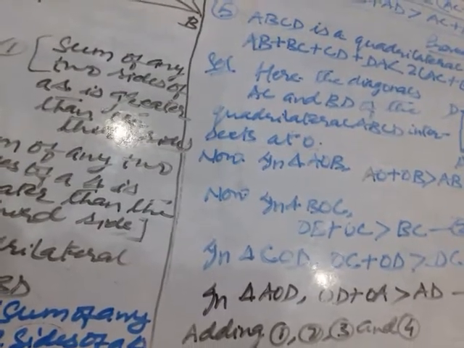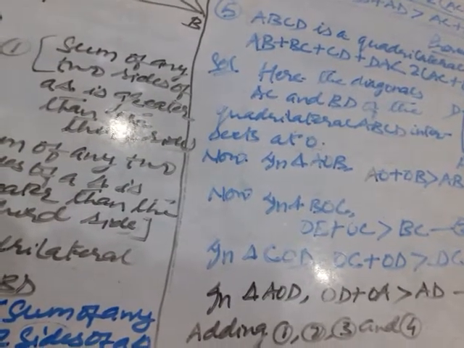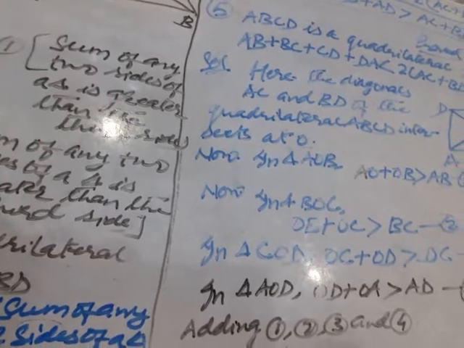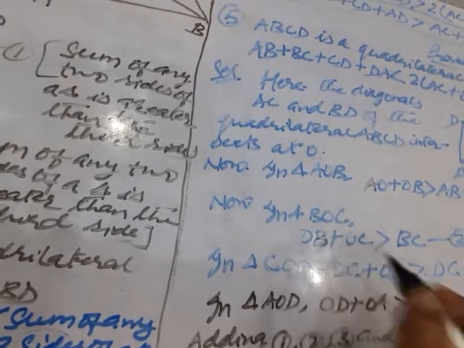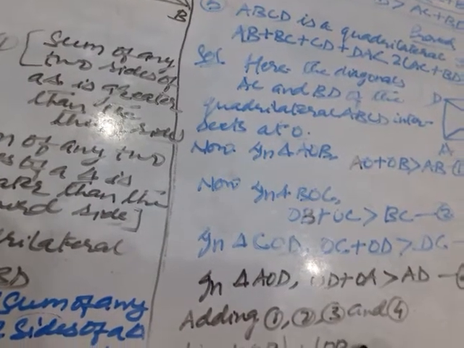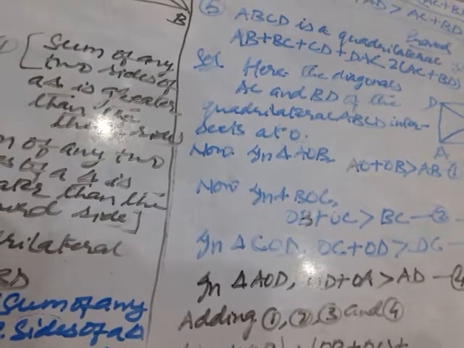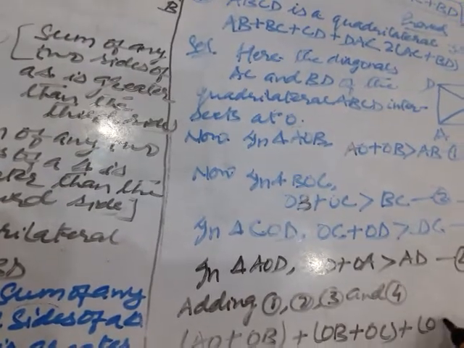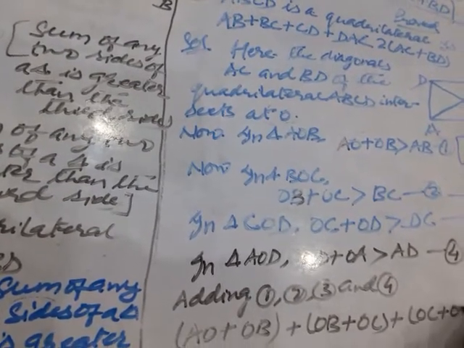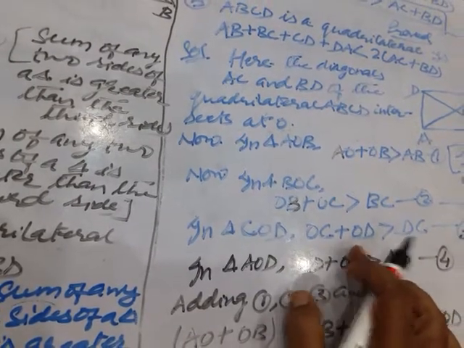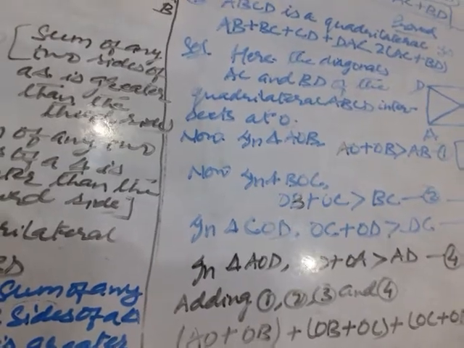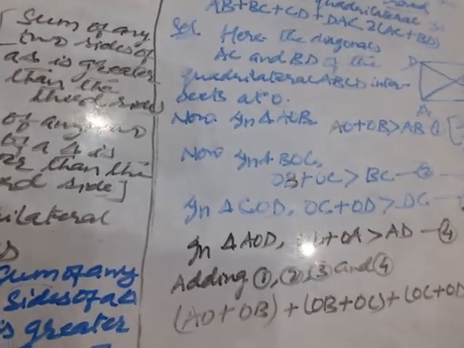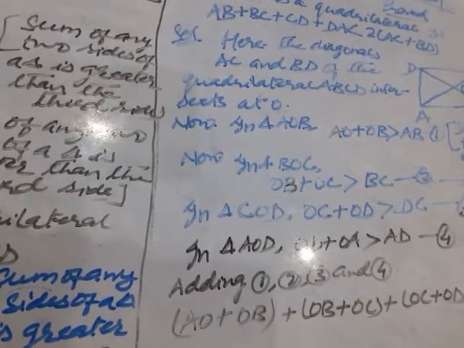Write down systematically: AO plus OB, plus OB plus OC, plus OC plus OD, plus OD plus OA.